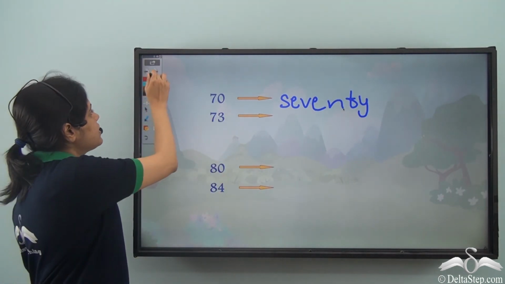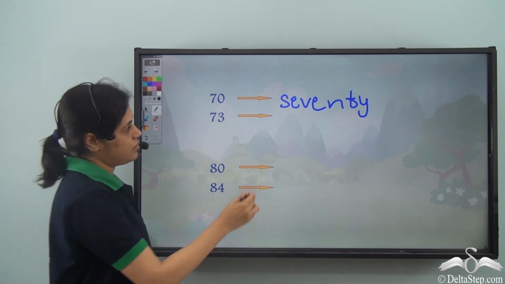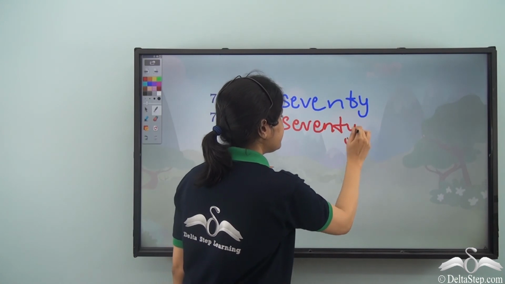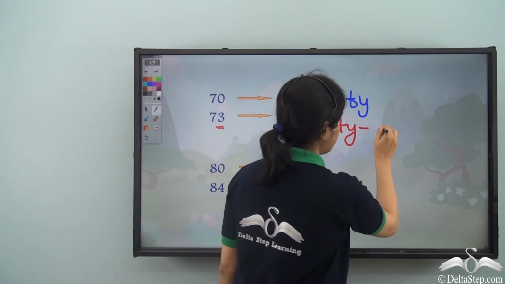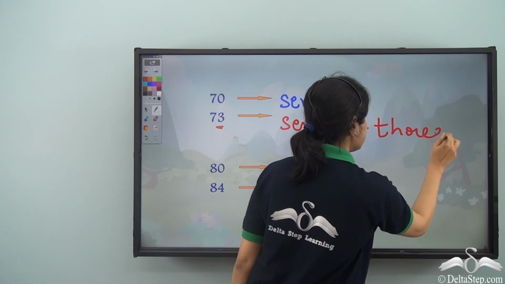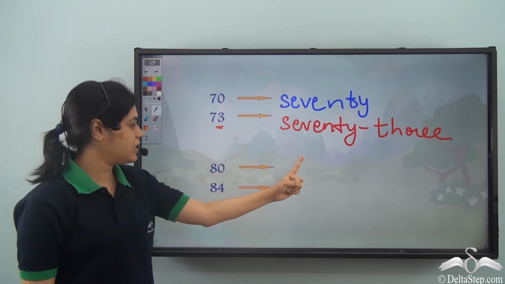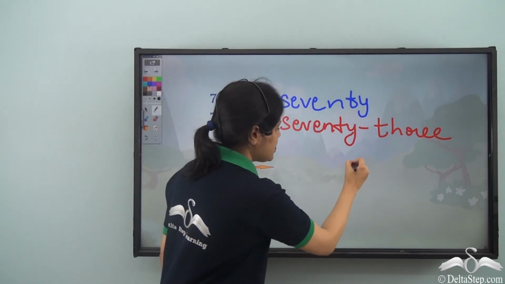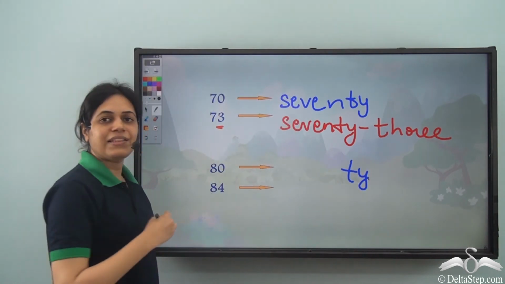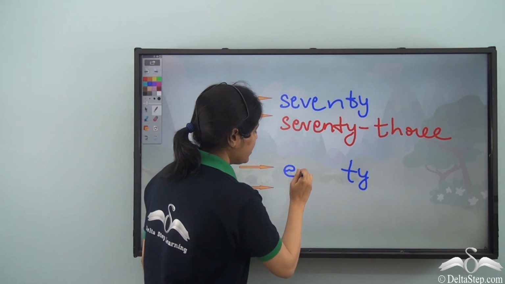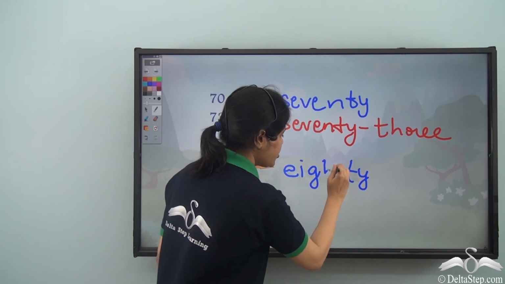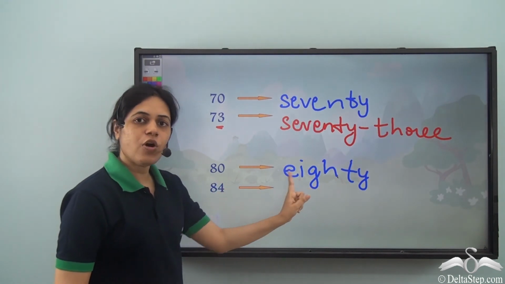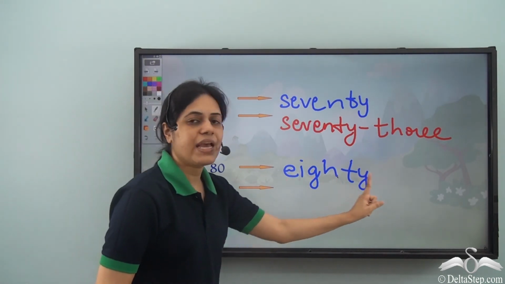What about this? 7 and 3 coming together to give SEVENTY, and since this is 3, we have a 3. So this is SEVENTY-THREE. Let's come to this 80. So TY and then an 8. EIGH. T is 8, but I already have a T here, so I'll not write a T once again. So this is 80.